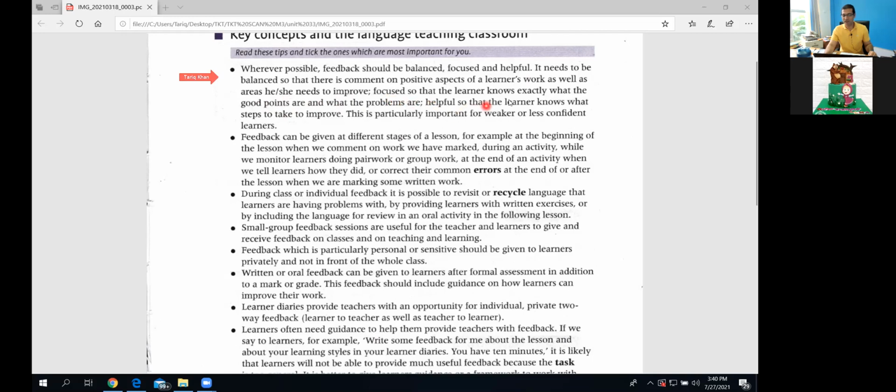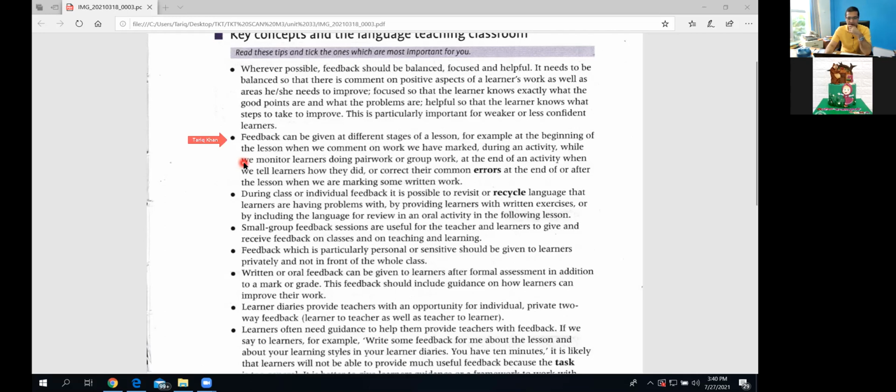Focused so that the learner knows exactly what the good points are and what the problems are. Helpful so that the learner knows what steps to take to improve. This is particularly important for weaker or less confident learners. So they have nicely wrapped up in this first point the whole outcome of feedback, why it is needed, how it has to be done, and what the benefit of it is for the learner.